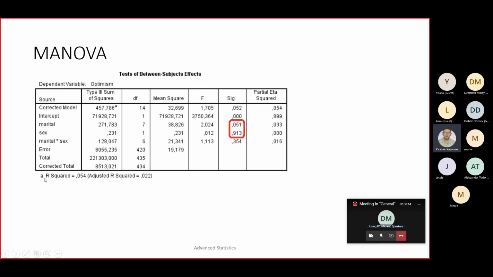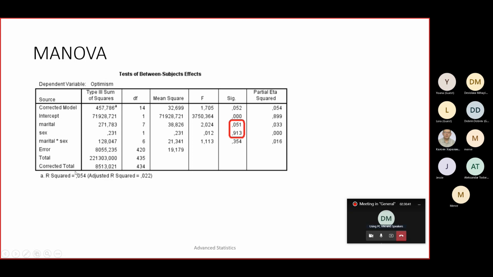And here we have the so-called multiple eta squared. Here the number is the same, 5.4%, but the letter is different. The letter is R, but we mean here exactly eta squared.